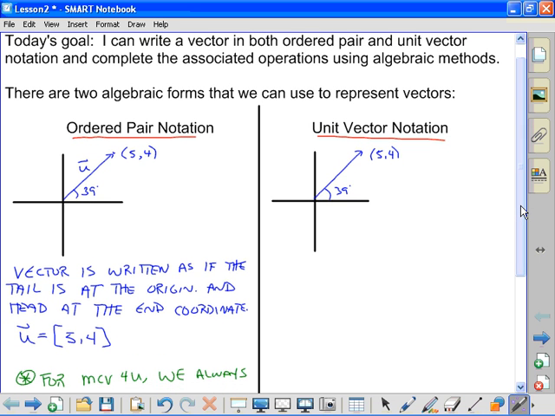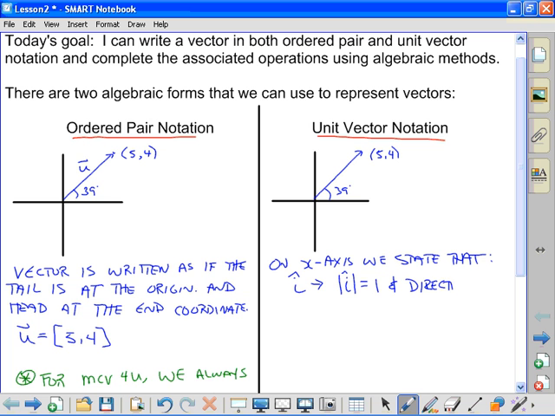Okay, unit vector notation. With unit vectors, on the x-axis, we state that i hat, the unit vector i, has a magnitude equal to 1, and direction along the positive x-axis.